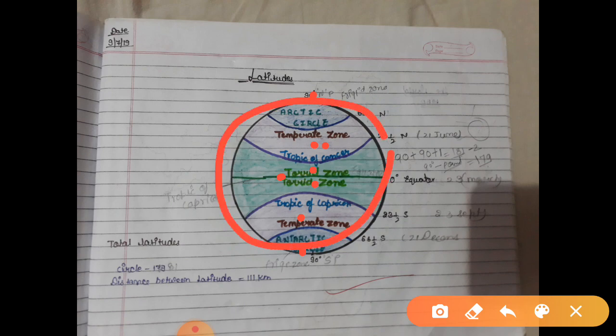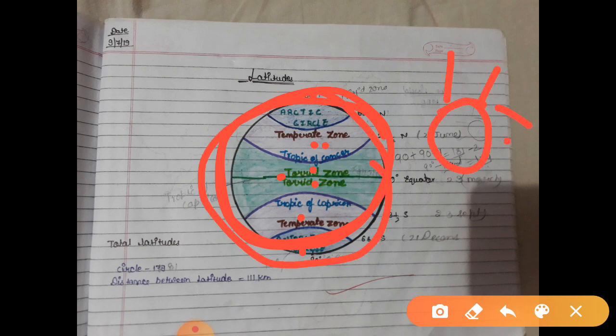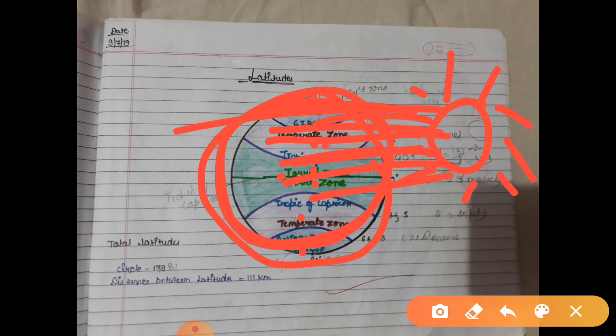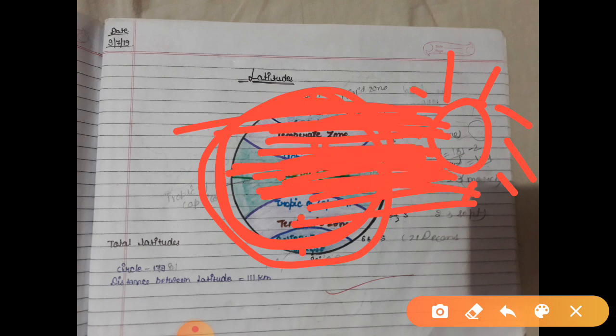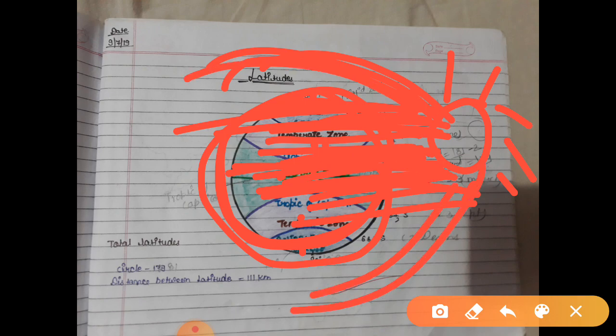This is also very important when we study the sun, in which area the sunlight is falling straight, and where it is tilted, where it is slanting.